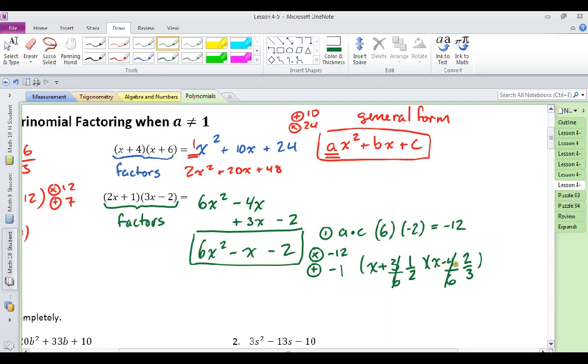When you get to the smallest fraction you can have, you take the denominator and you move it to the front. So this becomes 2x plus 1 and 3x minus 2, which is what we knew the factors to be.